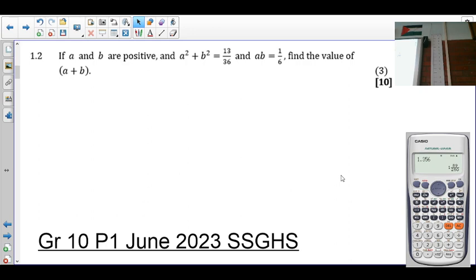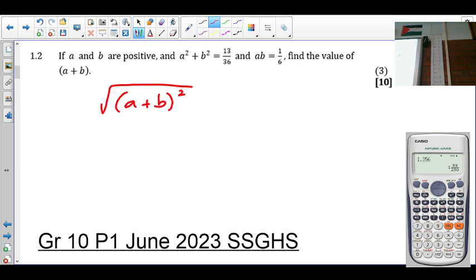They want you to find the value of A plus B. So what we notice is that you have A squared plus B squared, so this is in actual fact the square root of A plus B all squared. Remember, what is the square root of A plus B all squared? A plus B. Can you see that? So I introduced that.